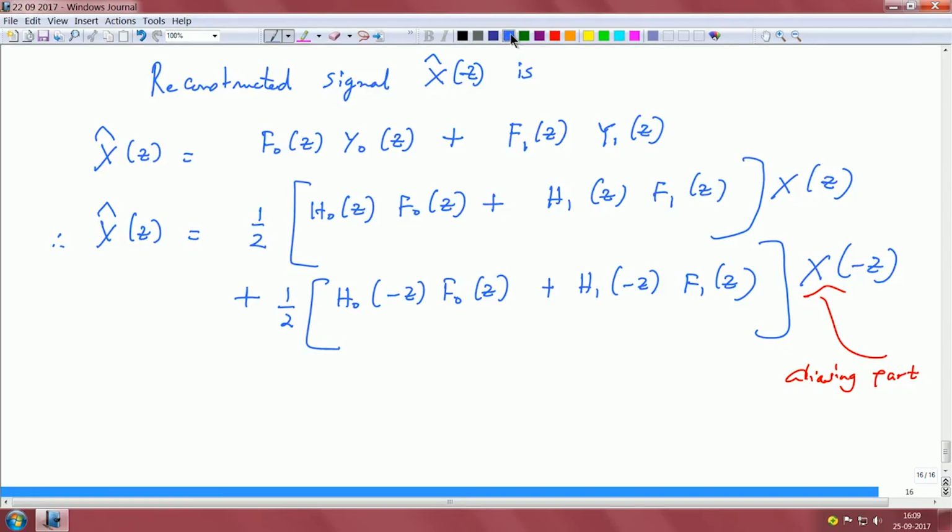Now this will be much easier if I did this in a matrix form.